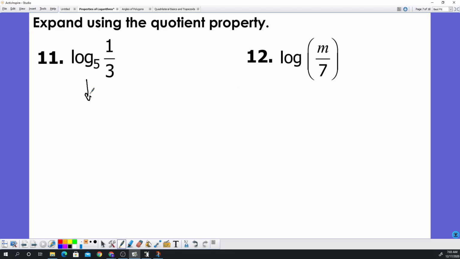For example, if we rewrote it as log base 5 of 15 divided by 45, then we could write that as log base 5 of 15 minus log base 5 of 45.